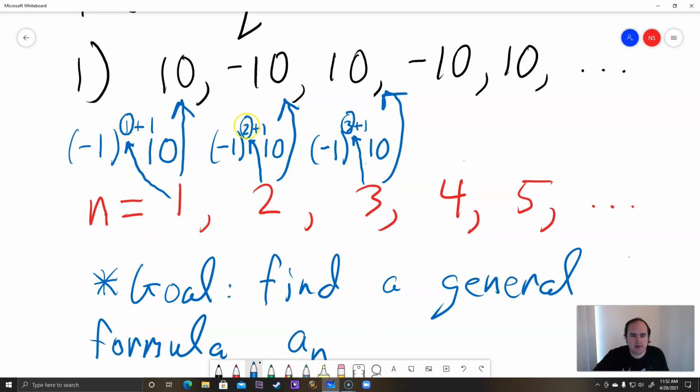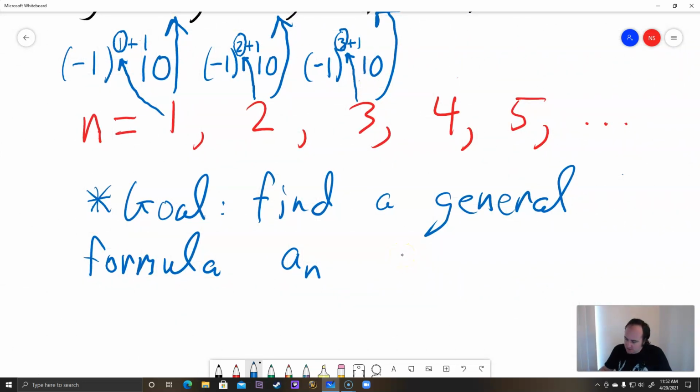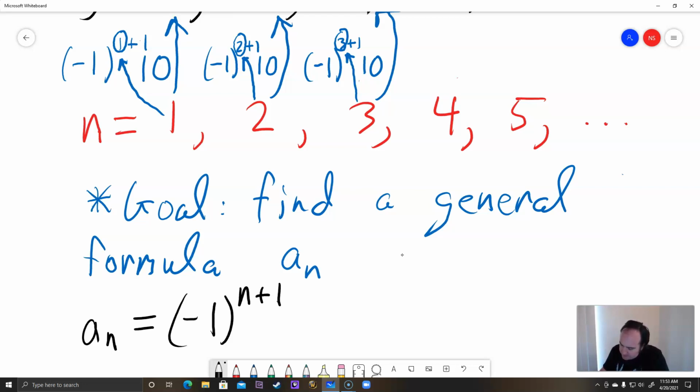So this number that I'm circling here, that's the same as n, and that's what we're ending up plugging in there. So here our general formula is going to be a sub n equals negative 1 to the n plus 1 times 10.